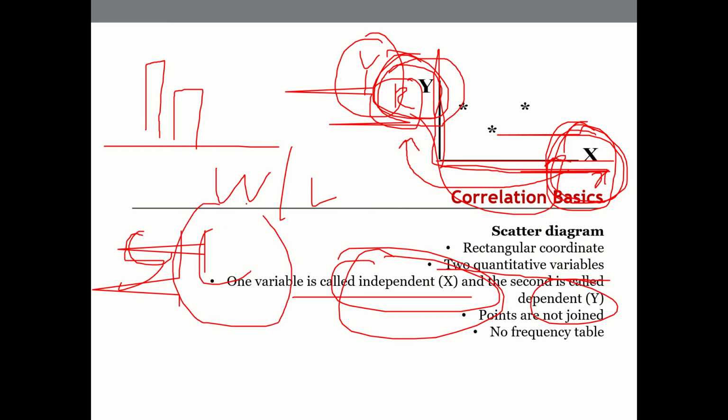Cancer is not independent by itself. It is a dependent factor. It depends on smoking, right? So there are some variables which are dependent and some variables which are independent. These two keywords will come into picture when we talk about correlation.